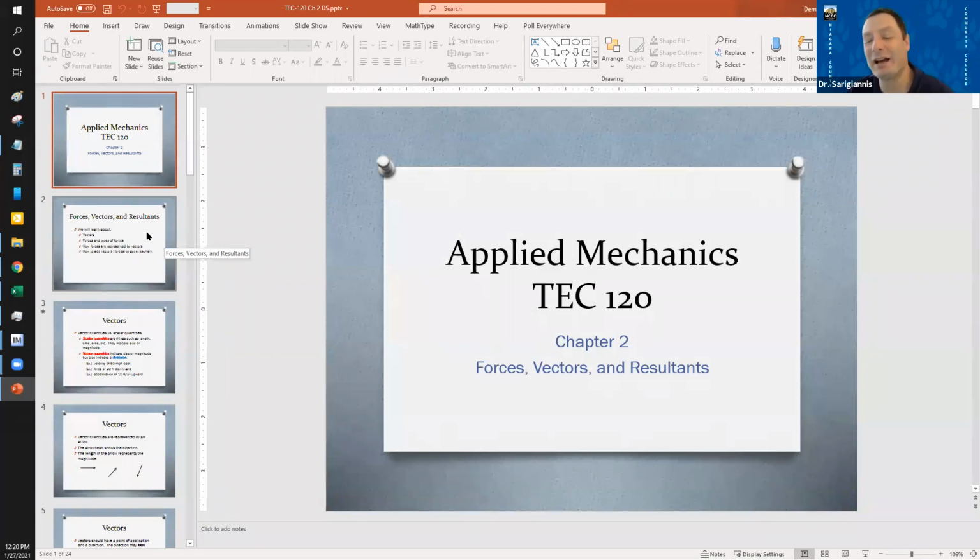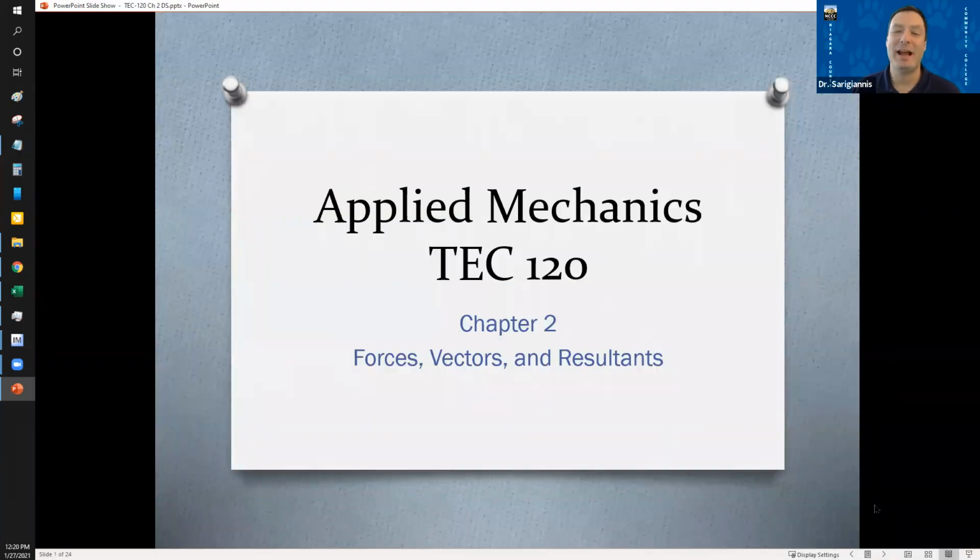Chapter 2. So now we're going to take what we learned geometry-wise, and we're going to apply that to understanding vectors. And this chapter is all about vectors and forces and resultants. And a resultant, you're going to find out, is just basically the result of more than one vector acting, or more than one force acting on something.